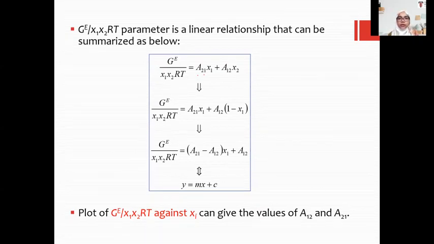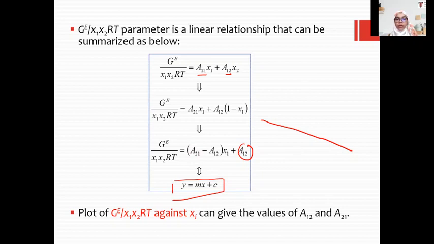Another constant that we introduce in determining the excess Gibbs energy is denoted by A21 for component 2 to 1, and A12 for component 1 to 2. Rearranging the first expression, we obtain (A21 - A12)x1 + A12, which gives a linear equation. When we plot it, the intercept represents A12, and we can obtain the other constant from the value of the slope.